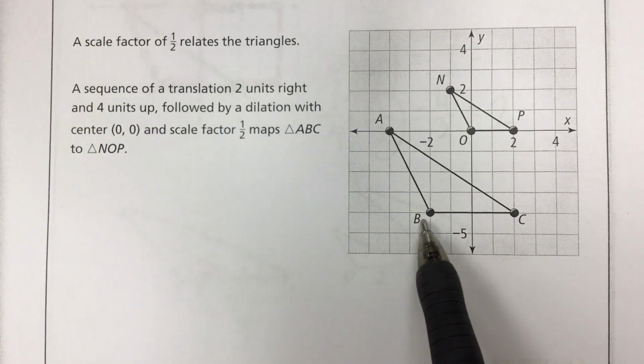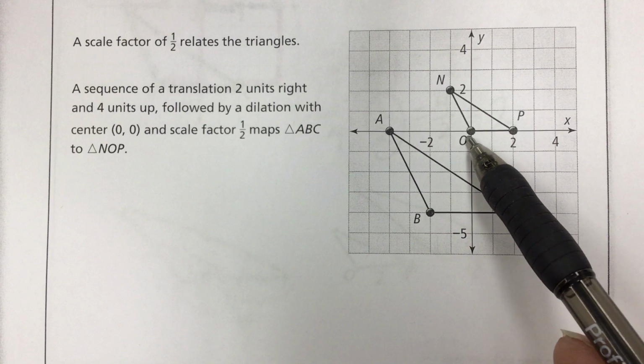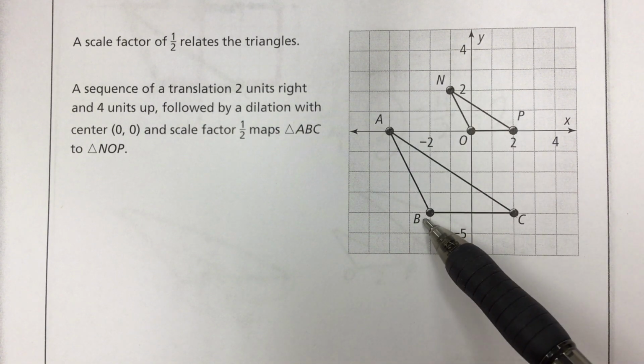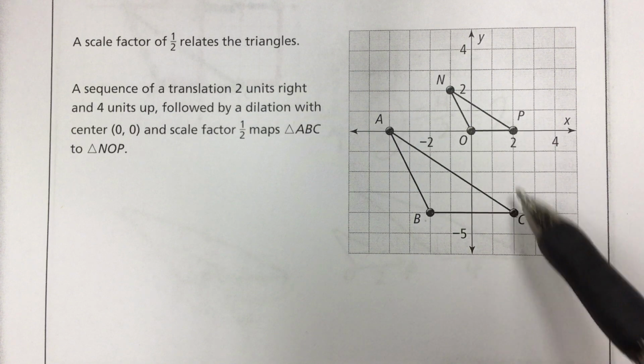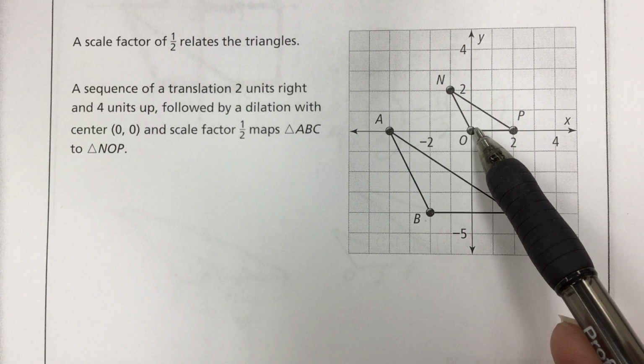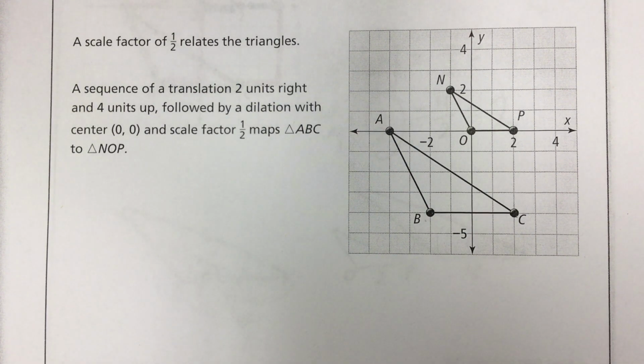So triangle ABC maps to triangle NOP. Angle A corresponds with N, B corresponds to O, and C corresponds to P. This triangle is half the size of the original, therefore their scale factor is 1/2.